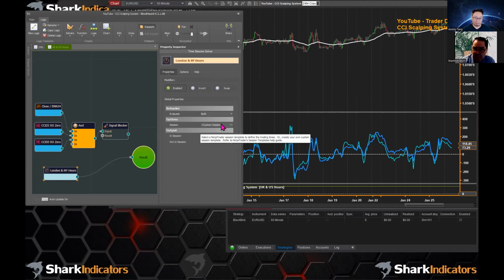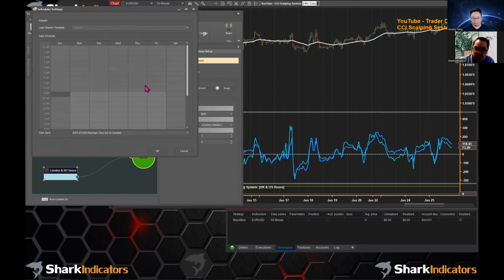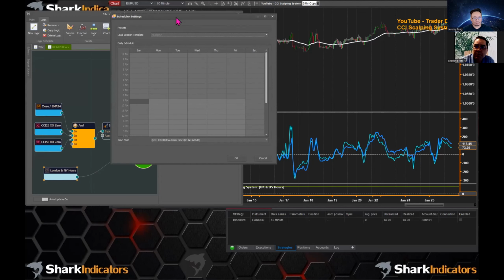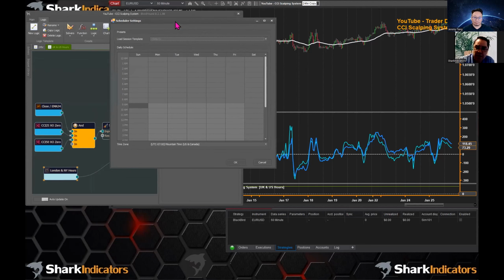All right. So to build that trading session, we're going to open up this custom scheduler here, the scheduling window. You can see it's got every day of the week, and it's got these blocks of time here. So let's set the time zone first before I get going here. Let's set it to Eastern time.